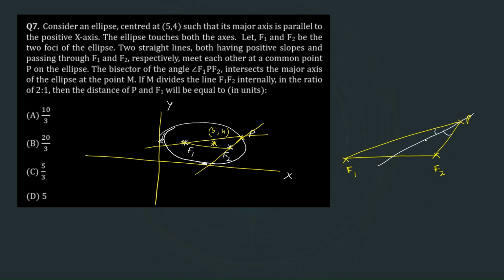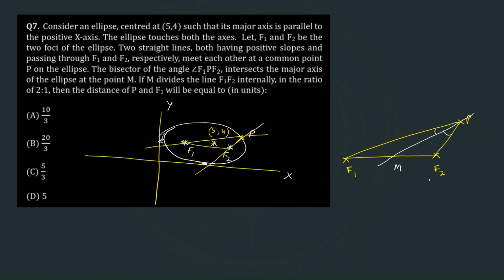So this angle bisector is like this. It intersects the major axis of the ellipse at the point M. So this is the point M. If M divides the line F1F2 internally in the ratio of 2 is to 1, then we are asked to find the distance of P and F1.